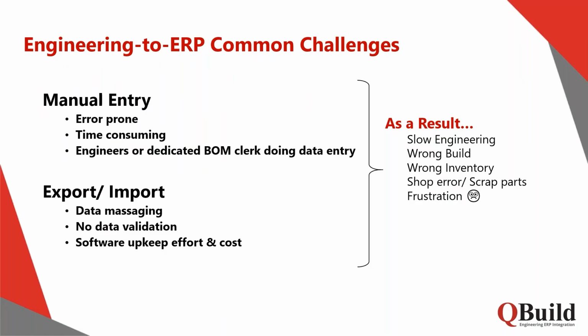So as a result, you've got slower engineering. You're going to come into wrong build, wrong inventory situations, shop errors, scrapping parts, just general frustration when the two sides of the coin don't shake hands. So you've got that data silo on either side. It's difficult to have the ERP side line up.